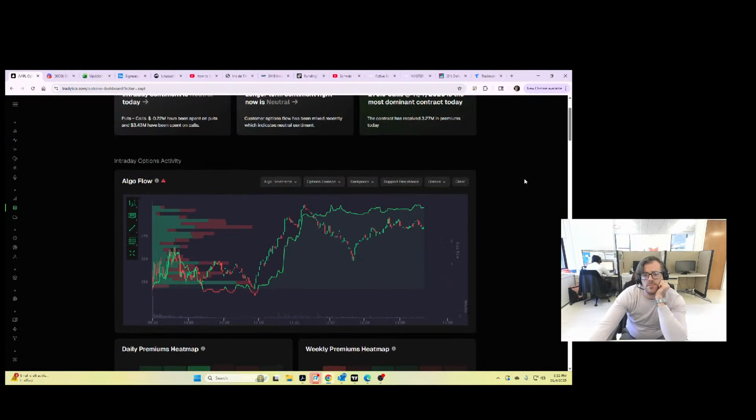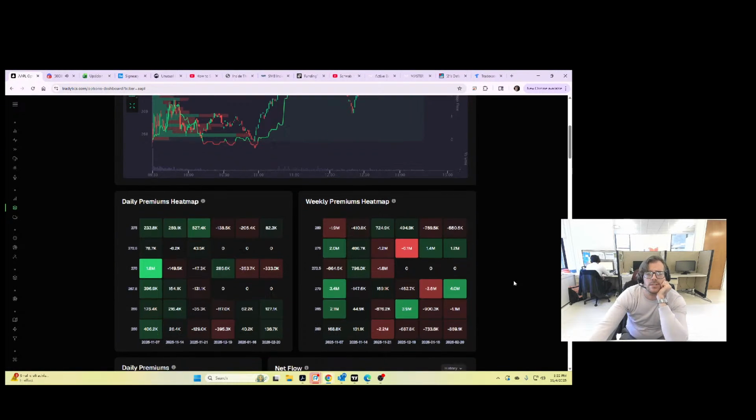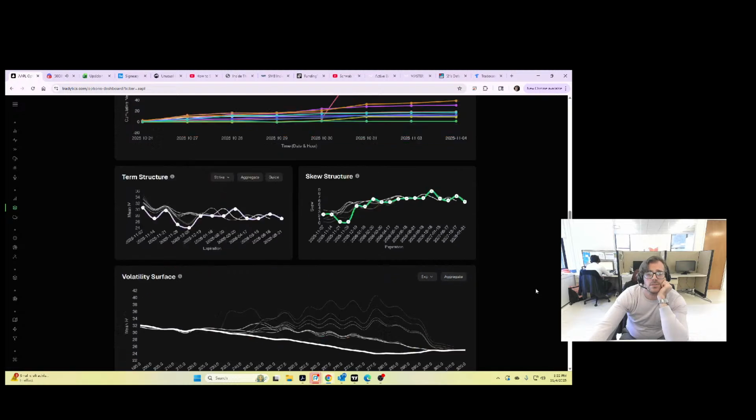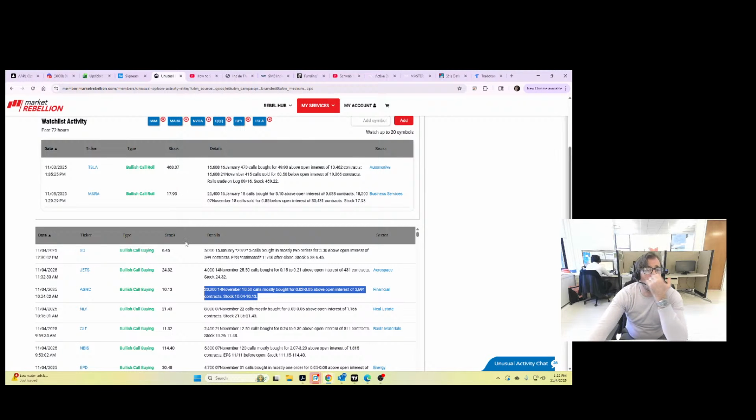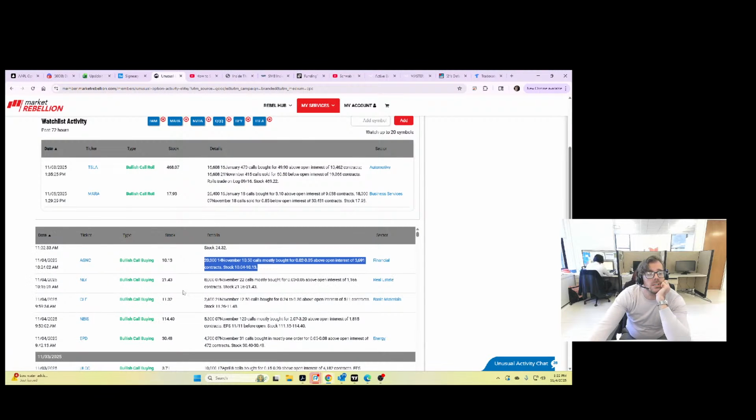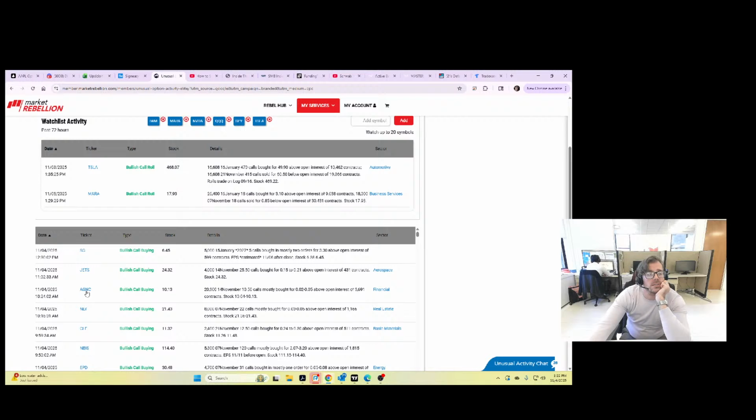But Apple's strong on a down market. Someone's buying calls. Let's look at unusual options activity and see what's going on there. This is interesting here.